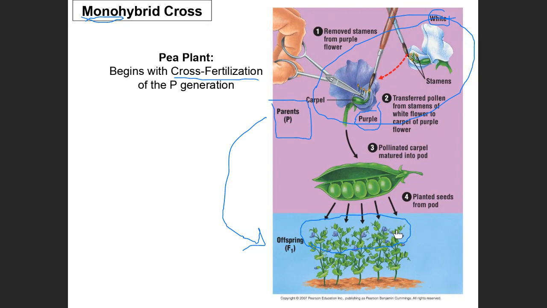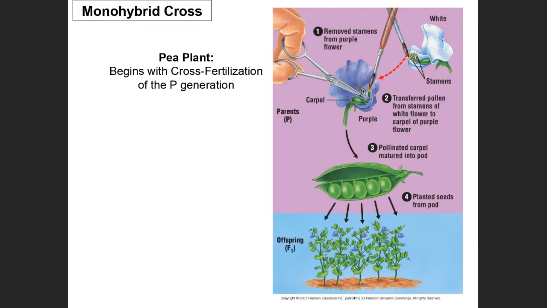But initially, when scientists looked at Gregor Mendel's work, they asked, okay, but what about these two individual plants? Before we use them for the monohybrid cross, how do we know they're what we call pure breeds today, or what they called back then true breeds?